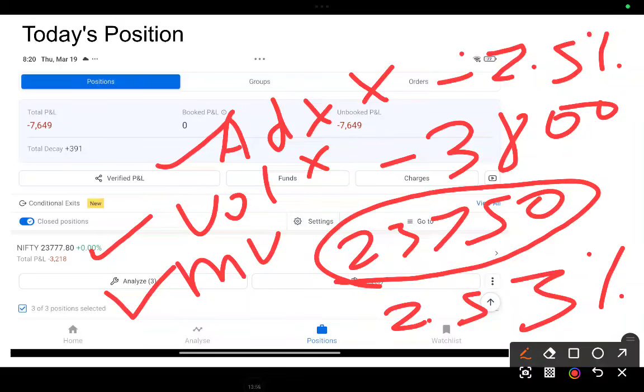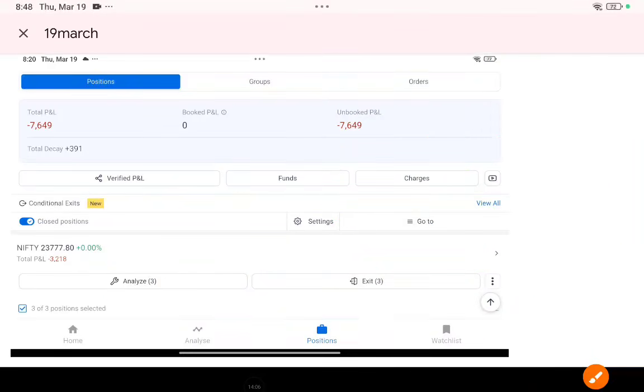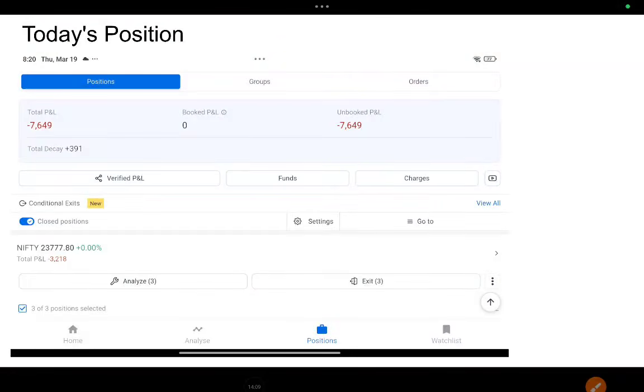So these are the criteria which I use: ADX, volume and moving average, and stop loss with respect to the funds used. So let's see today, guys, if my decision on ADX will reward us or not.